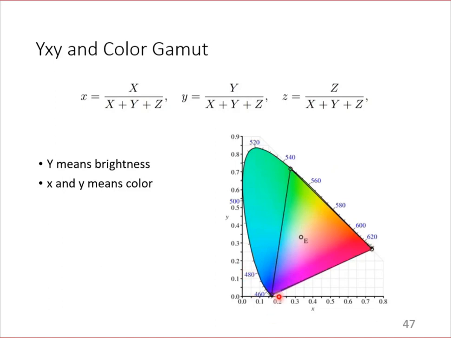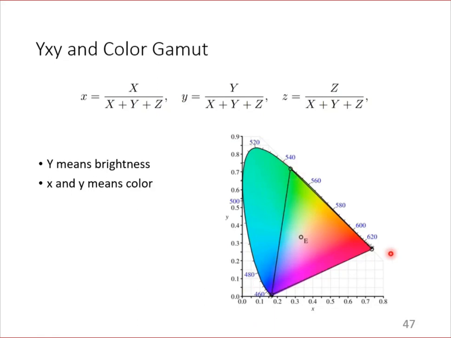So this is the most blue color, and then this is the most red color. So once we define the small x and the small y color space for any kind of color, we ignore the brightness, then we can find a position in the color gamut to describe what the color is.